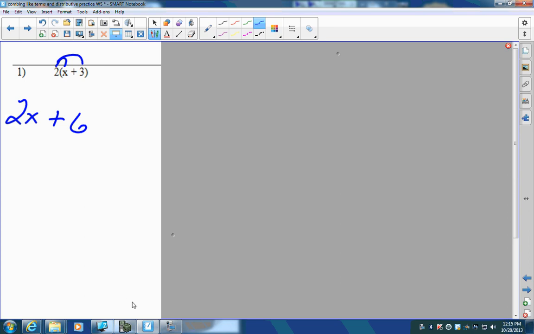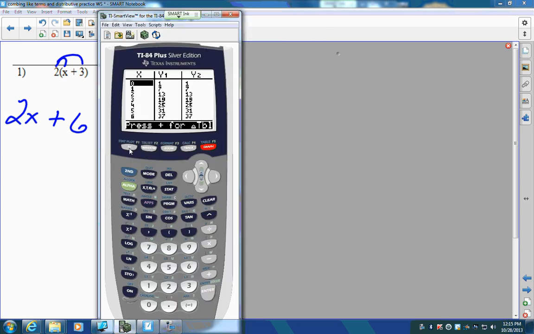So to go and check it in the calculator, do it the exact same way we've been. Go to y equals 2 parentheses x plus 3, and then in y2, 2x plus 6.